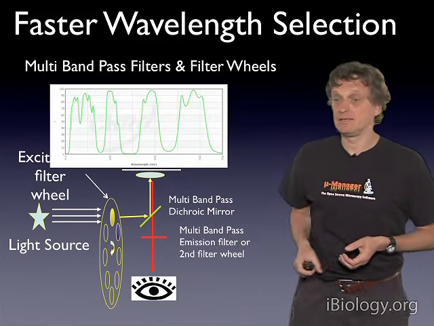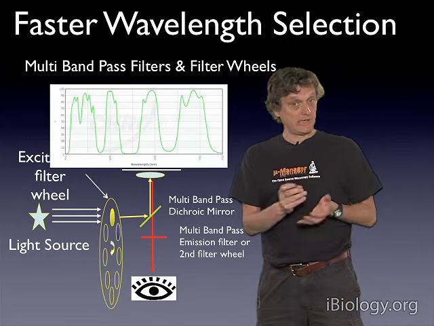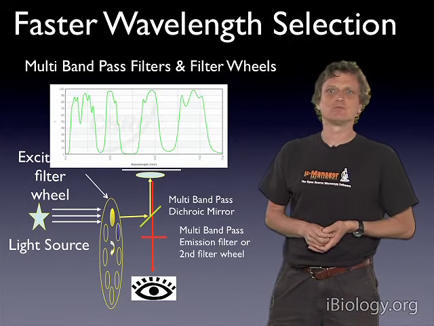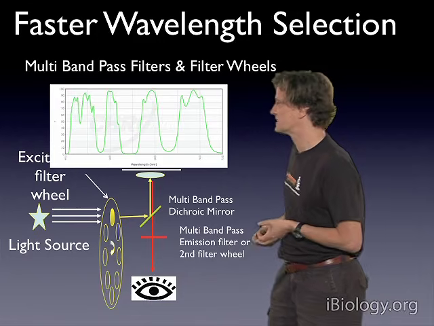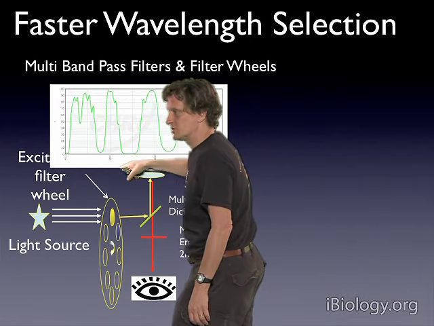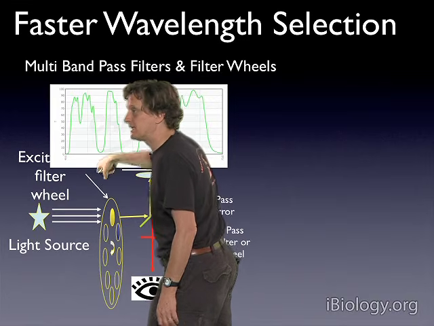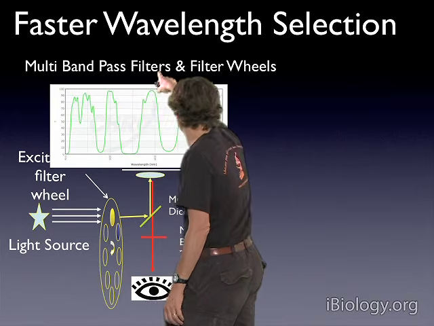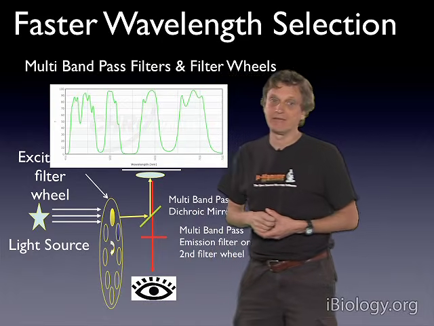And indeed, that is the case, and luckily the filter manufacturers are able to make such interference filters, so they can make filters that reflect at certain wavelengths and then pass through the light in between those wavelengths.